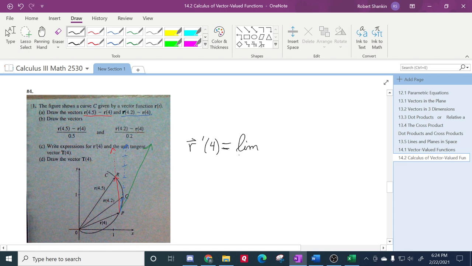So if we did that, it would look like the limit as delta t approaches 0 of r of 4 plus delta t minus r of 4, divided by delta t.